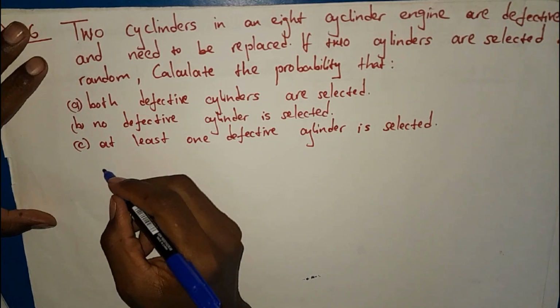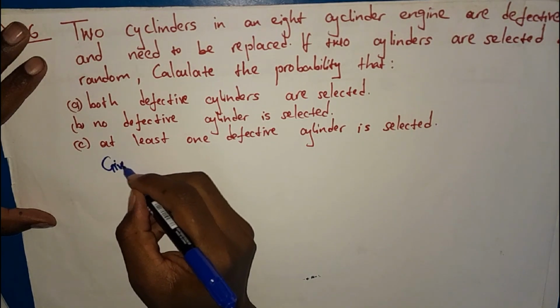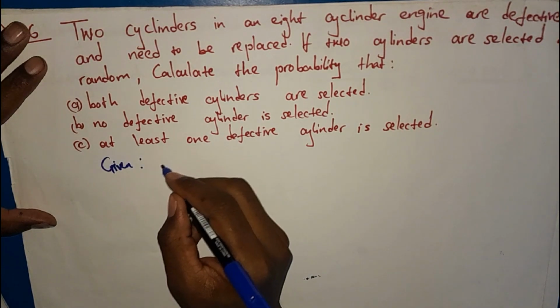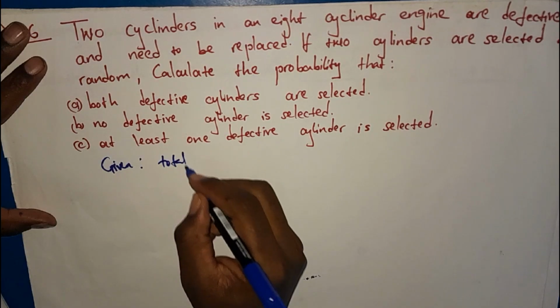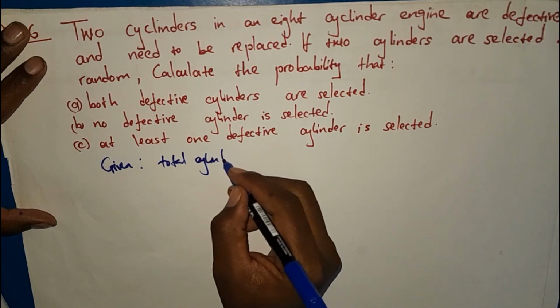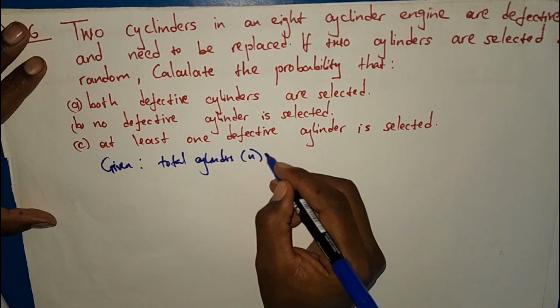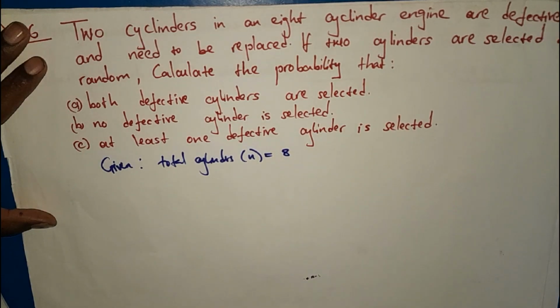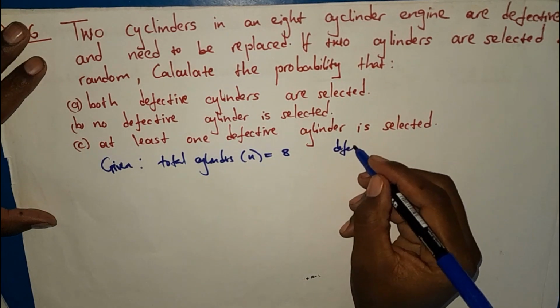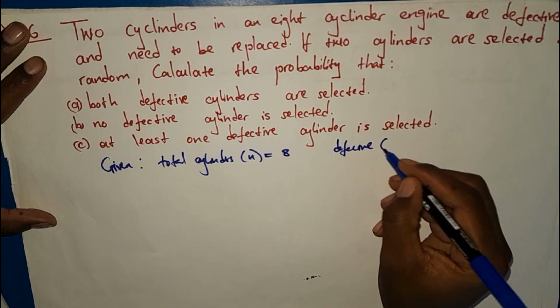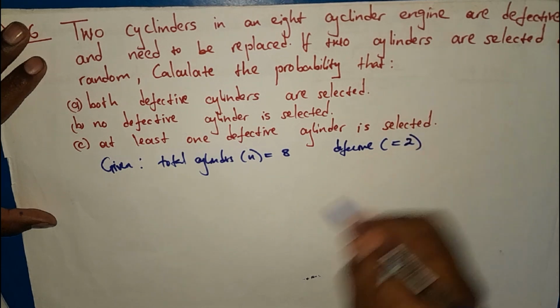So here we are being given that the total cylinders, which is our n, is equal to 8, and the defective cylinders is equal to 2.